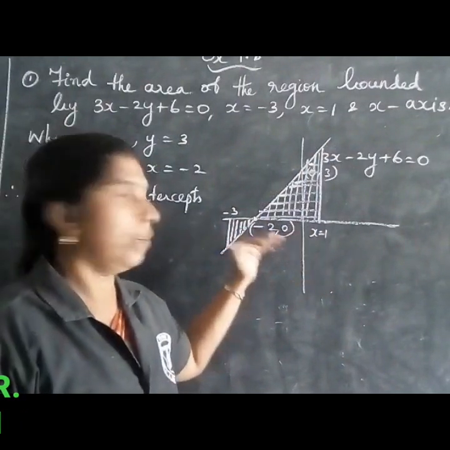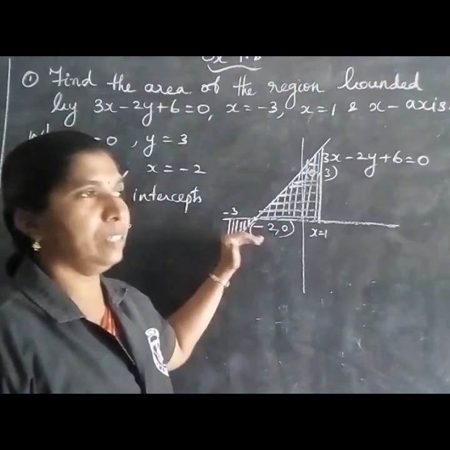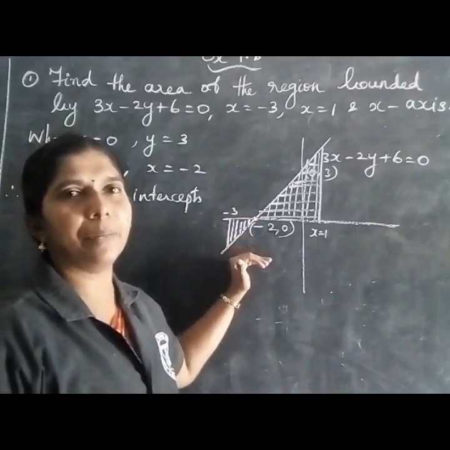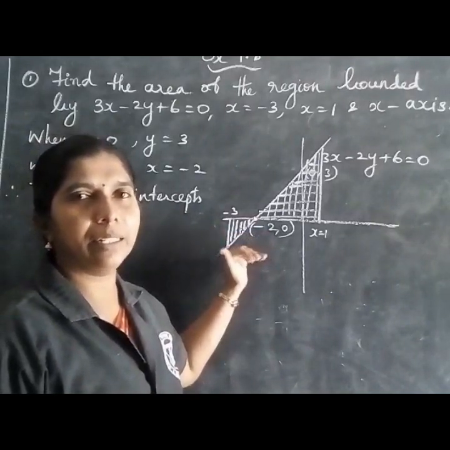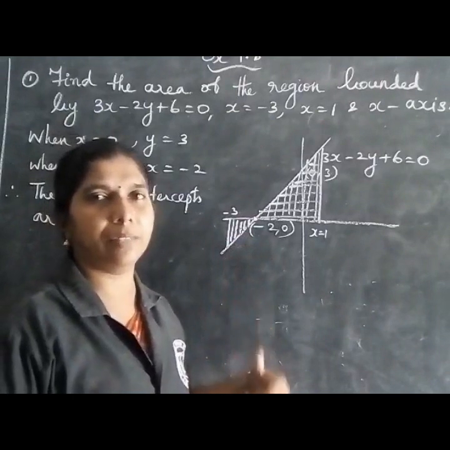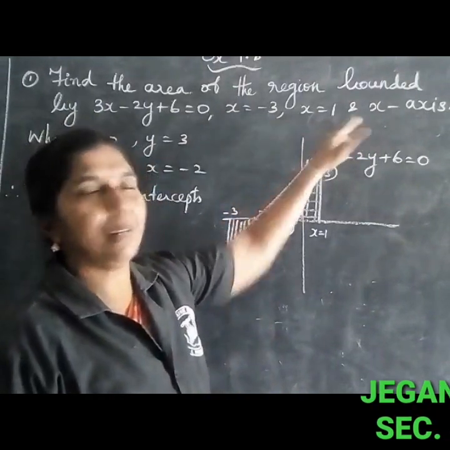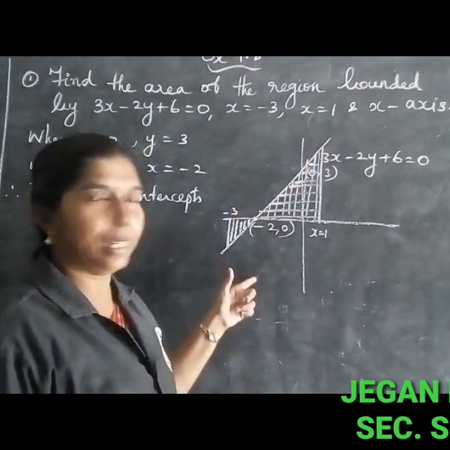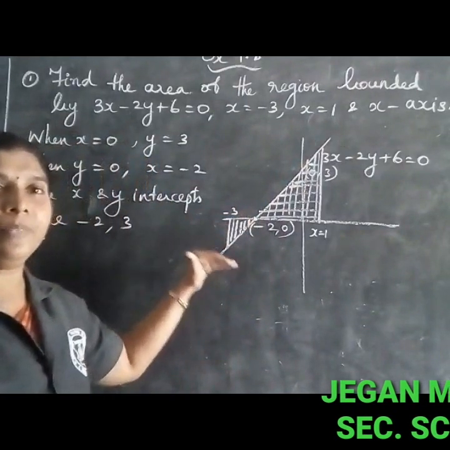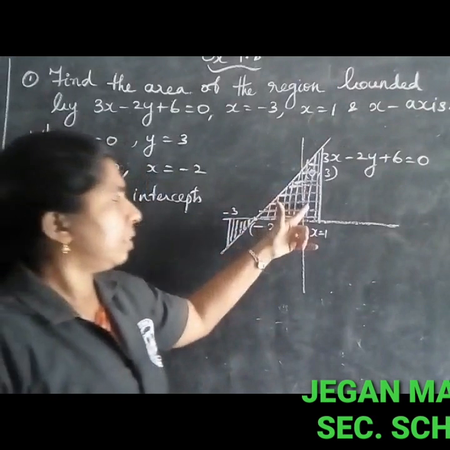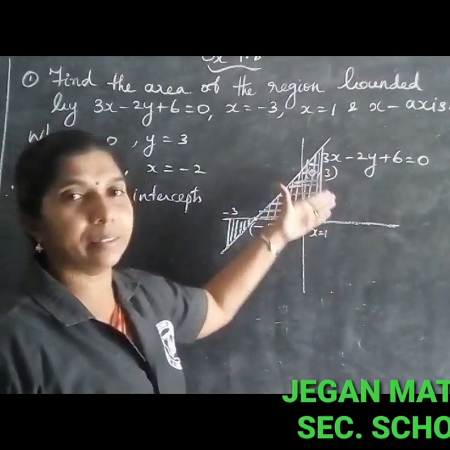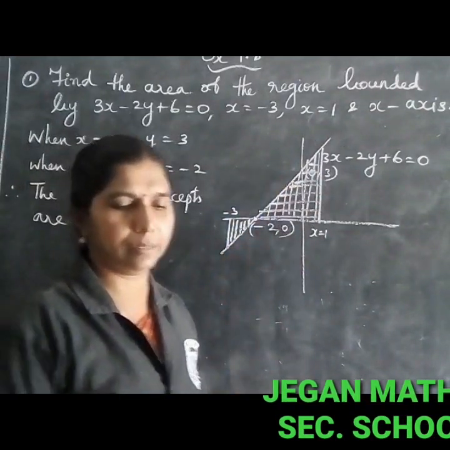If any part lies below the x axis, the area is integral of minus y dx. If it comes below the x axis, the formula is integral of minus y dx. The second part lies above the x axis, so you can write y dx.